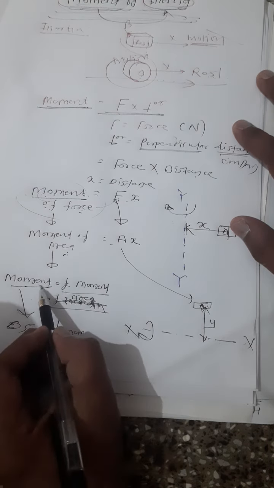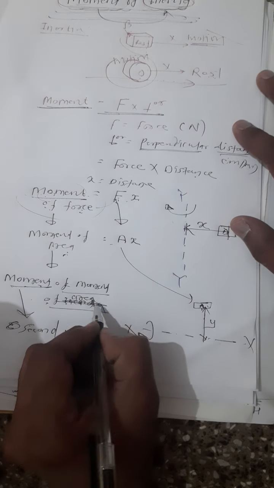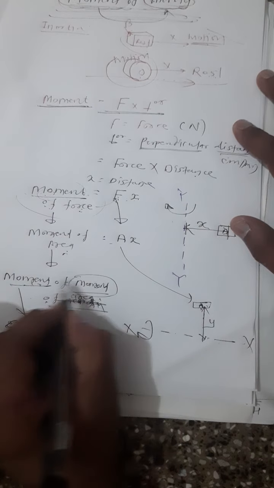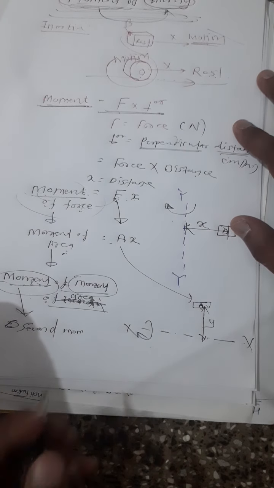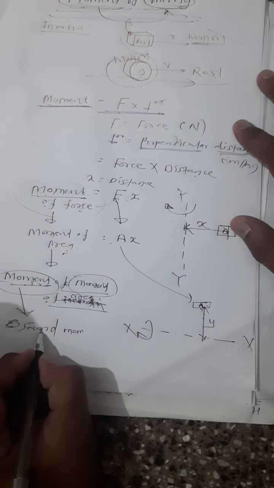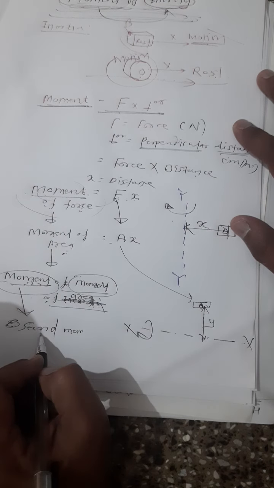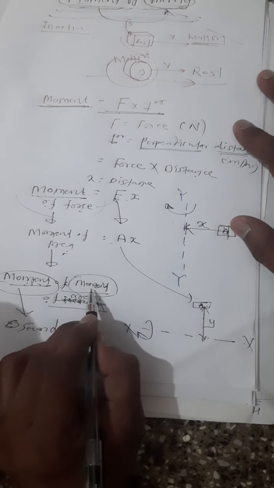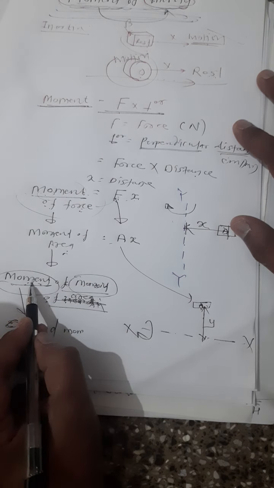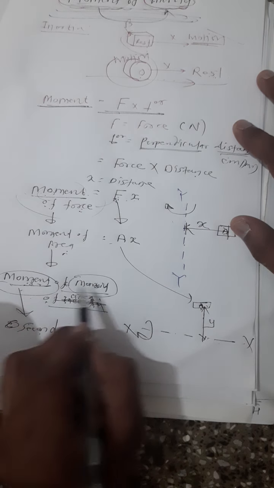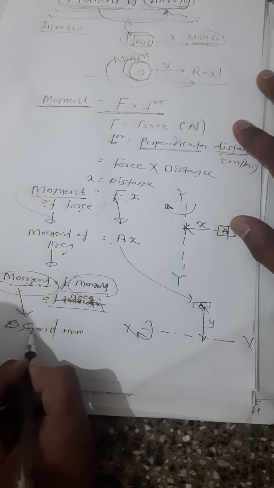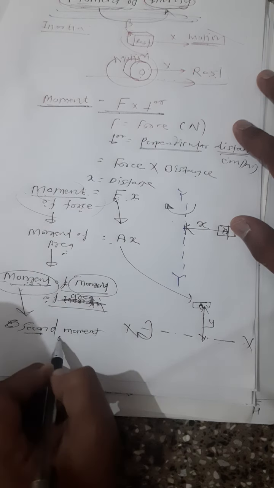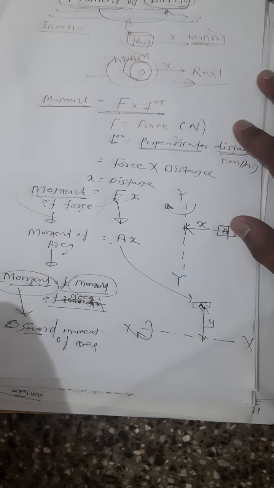You know moment of area; this moment and this moment becomes second, twice. This is the first moment, and this is the second moment of area. So moment 1 and moment 2, 1 plus 1, 2 moments. So 2 means second: second moment of area.